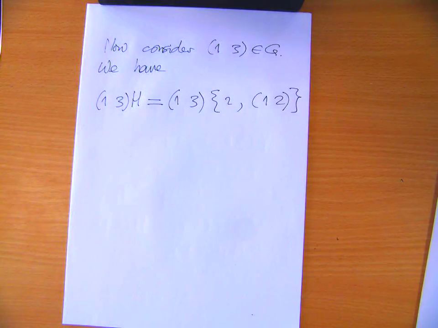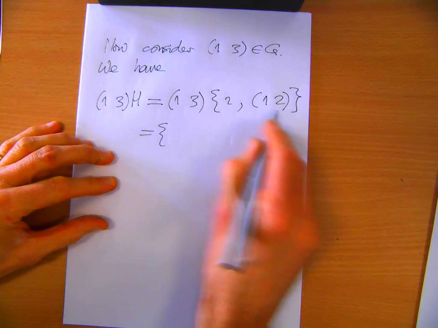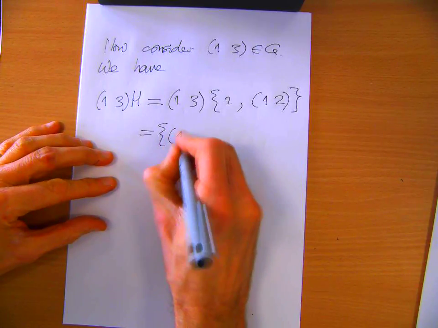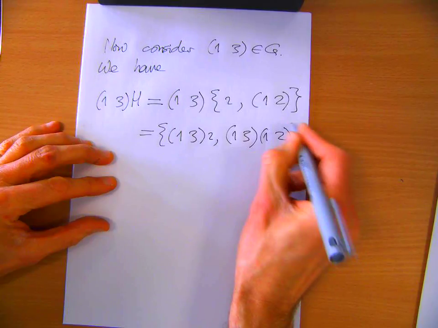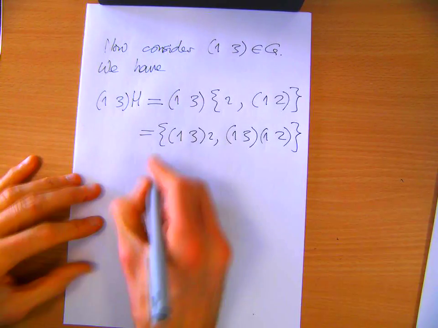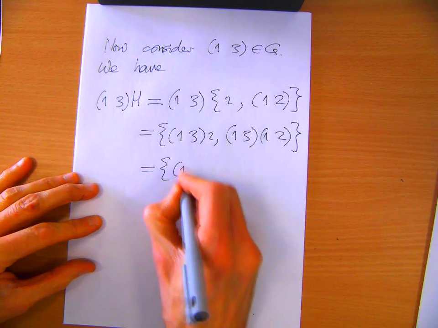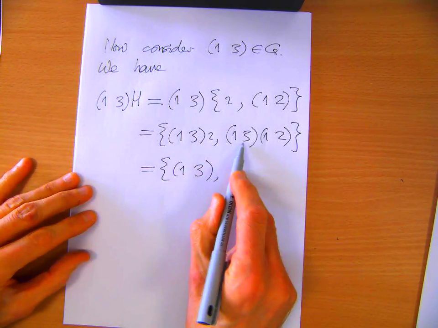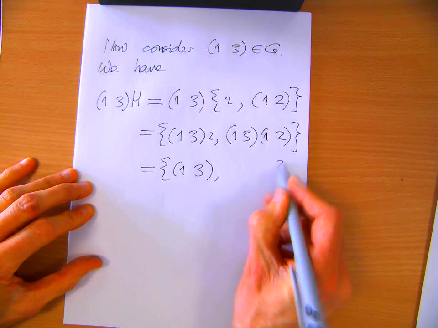I've just written down H. This notation just means that we pre-multiply everything in H by (1 3). Well, (1 3) times the identity is (1 3). (1 3) times (1 2) is another element of the group which we can compute.